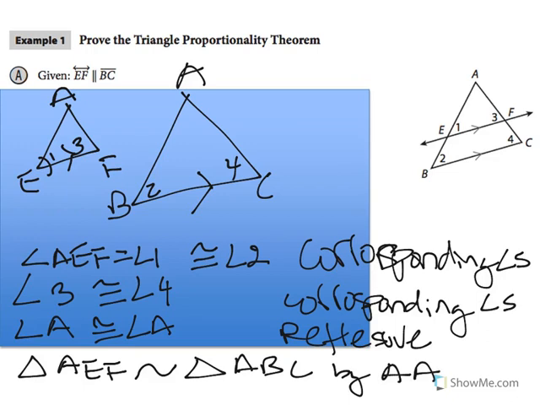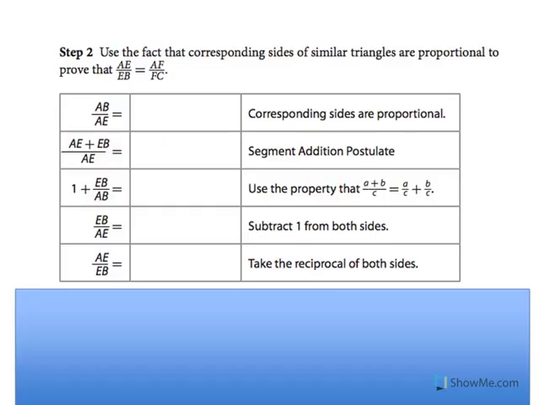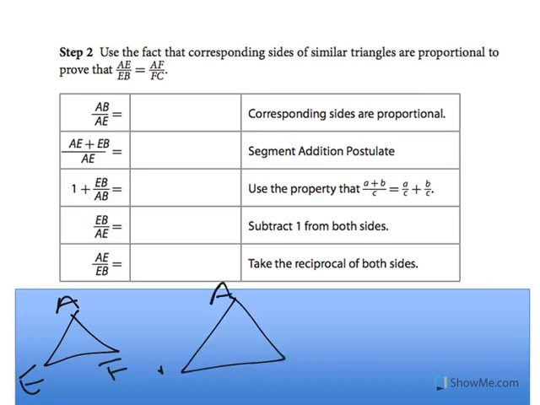Right, and when the two triangles are similar, then we can use proportion. So let's redraw the two triangles, AEF and the larger triangle ABC, and then they're similar.